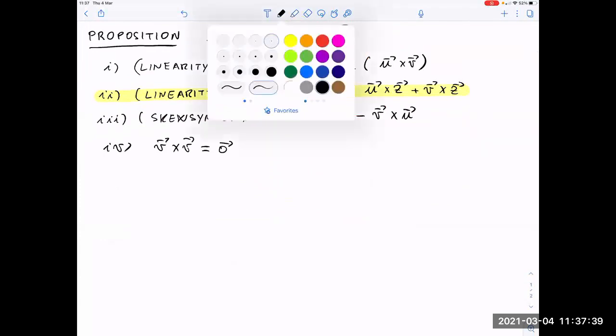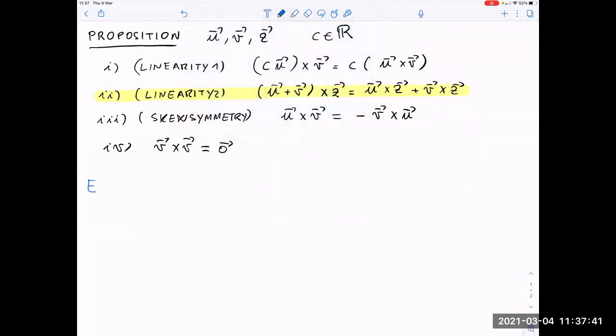So let's just give an example. Say we want i plus j, and we want to cross product this with k, just to see what we get. Quick exercise.